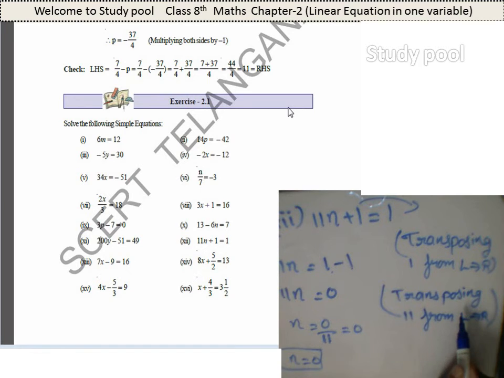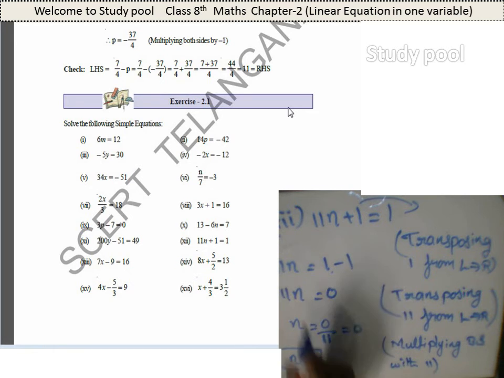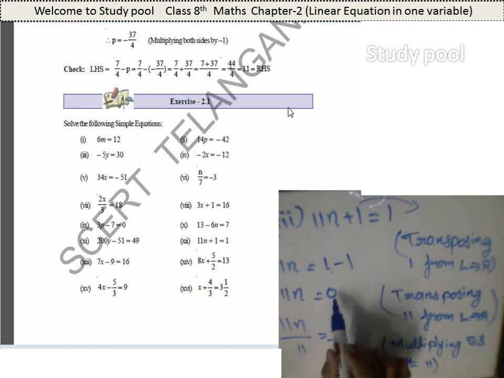Instead of using transpose, you can write one more step if you want here: dividing both sides by 11. Then what happened? See here, if I don't write like this, what happens? 11n by 11 is equal to 0 by 11.